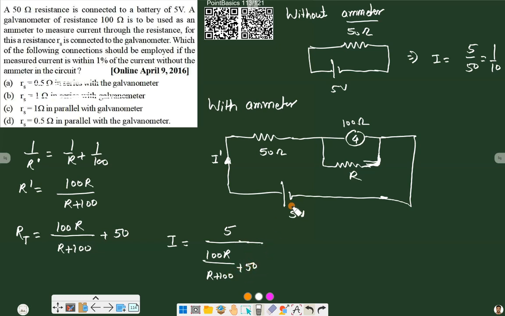And now the current measured by the galvanometer, because in the galvanometer we will have only Ig flowing through it, and it will only measure this value. So Ig will be here, and this I dash will divide into two parts. One is Ig and the remaining goes through R. So we have to find Ig, and Ig will be R divided by (R plus 100) multiplied by the actual current, that is I dash.